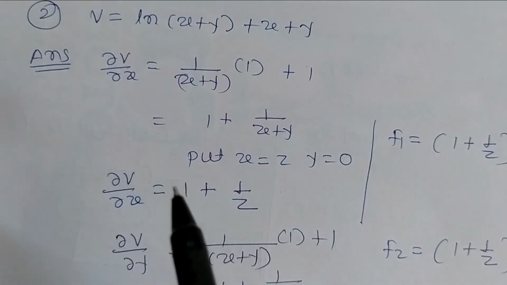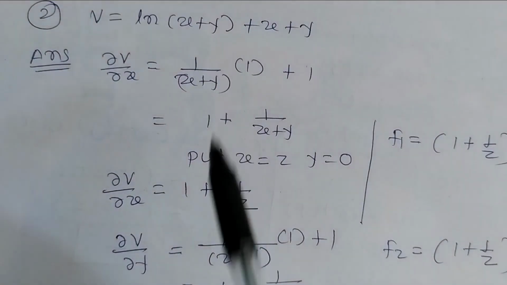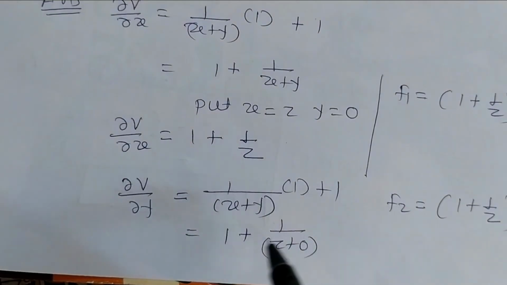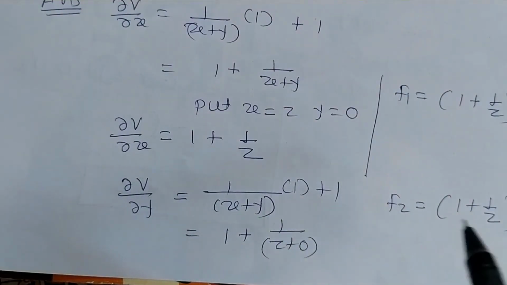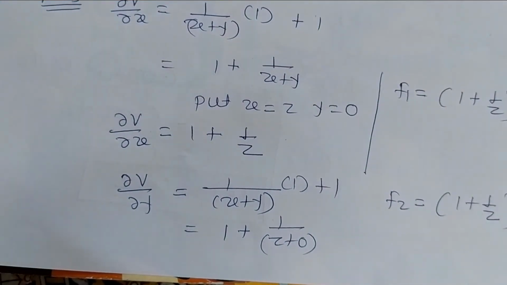Then ∂v/∂y is 1 upon (x plus y) into 1, plus 1, and when we put x equal to z and y equal to 0, it becomes 1 plus 1 upon z. So we get f1 and f2.